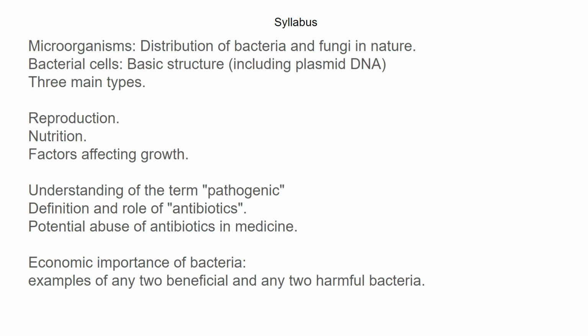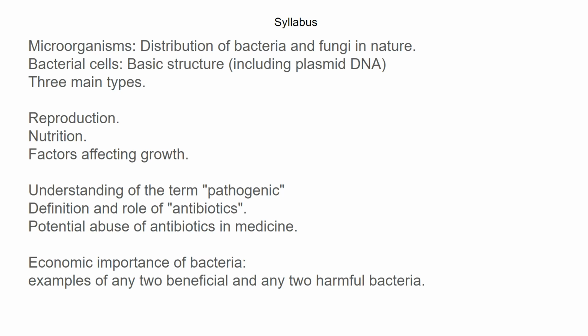Remember the factors affecting growth: the temperature, the availability of oxygen, the external solute concentration, the pH. We understand that pathogenic means a disease-causing microorganism, and we heard examples such as tetanus and syphilis and typhoid and pneumonia.